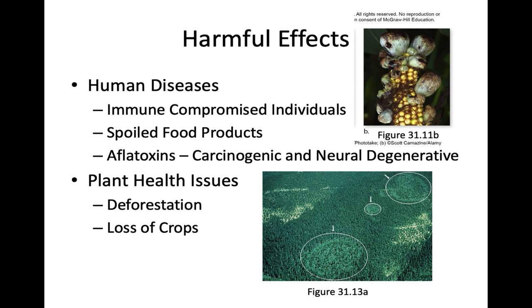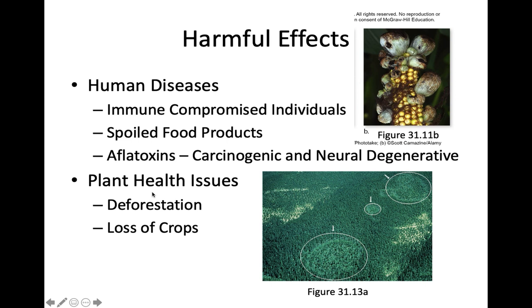When I was there, she had a couple projects working on some insects that infested almond crops, and while they infested it, the poop that they would leave behind would cause fungi to grow inside those almonds, and those fungi would produce aflatoxins, which can cause cancer and can even be neurodegenerative. So fungi can also make some really terrible toxins for human health if they infect the things that we eat.